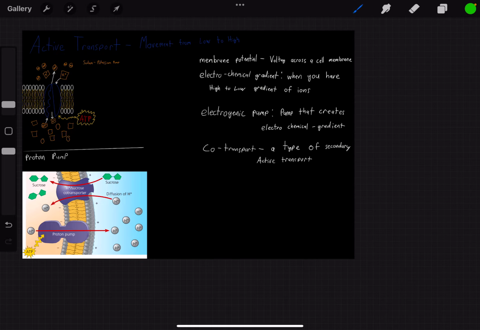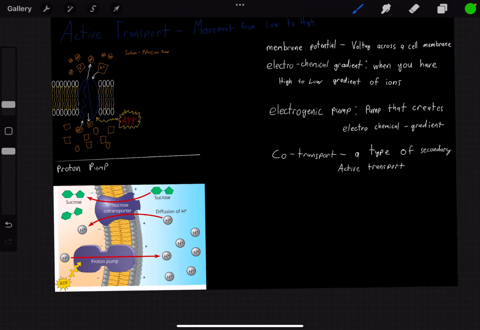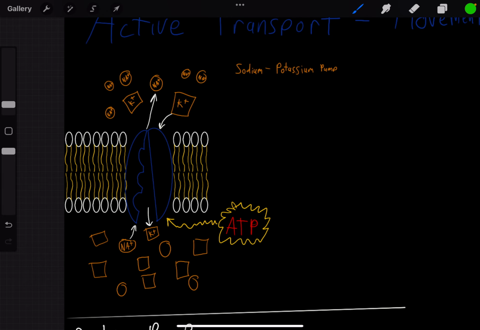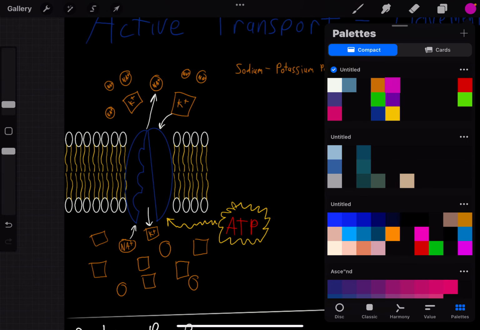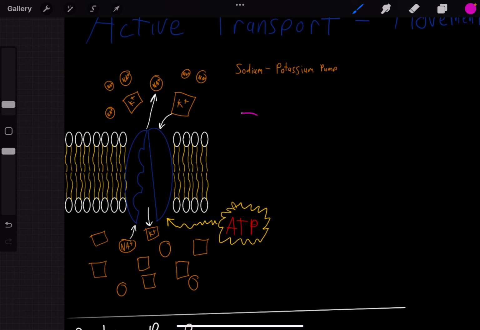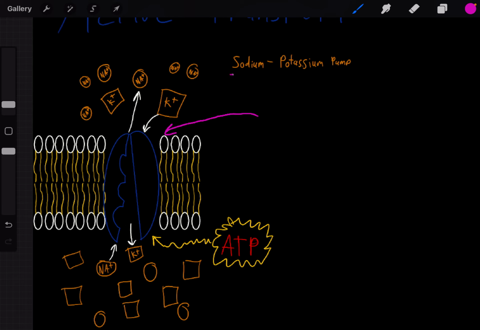We'll talk about active transport now. Active transport uses a protein as well. It uses an active transport protein to move things from a low concentration to a high concentration. So for example here, we have a sodium-potassium pump that is pumping sodium and potassium.